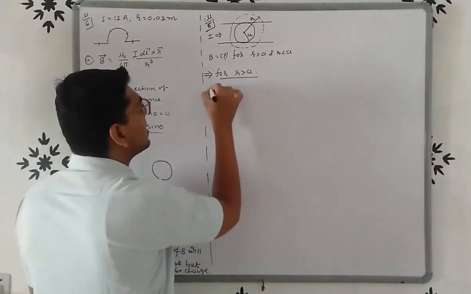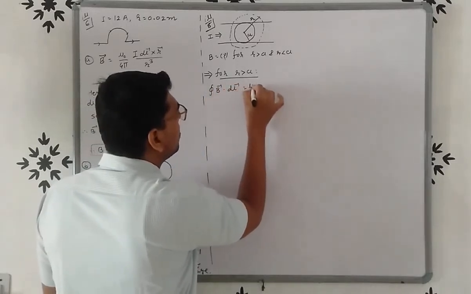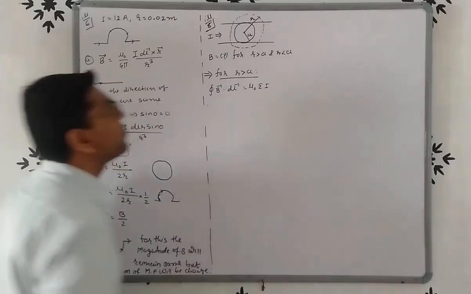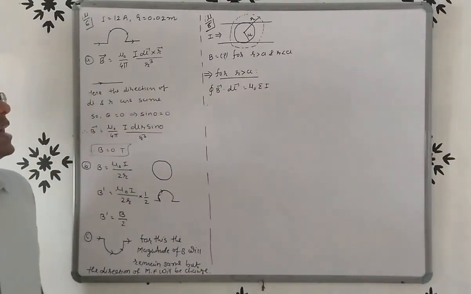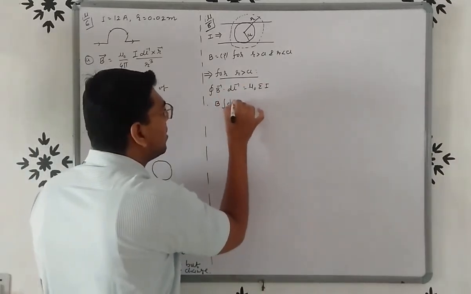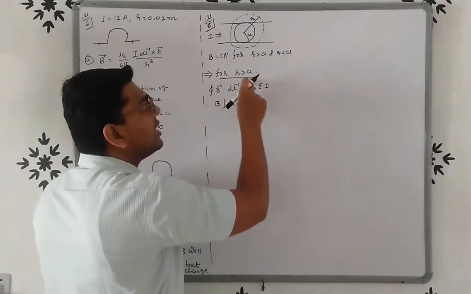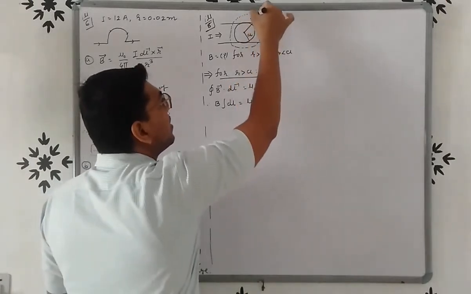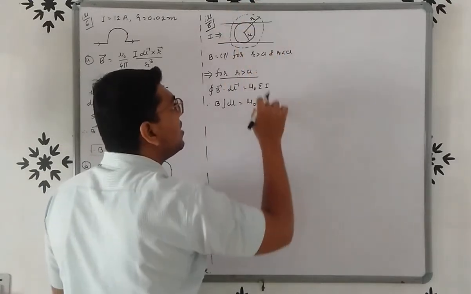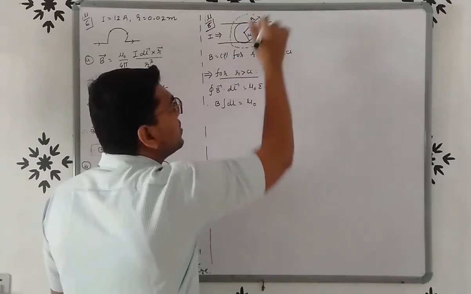So we know the equation, closed integral of B dot dl is equal to mu 0 sigma I. Here the directions of B and dl are the same. So B times the integration of dl is equal to mu 0. Here r is greater than A, so we consider a cross section having radius r. The current passing through this cross section will be I, as shown in the figure.